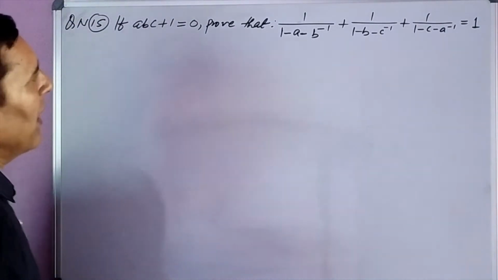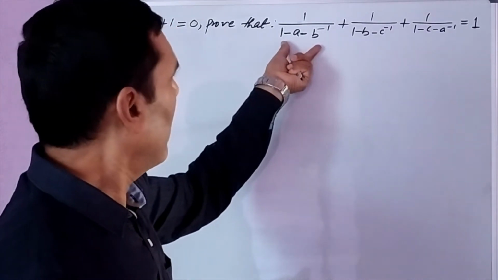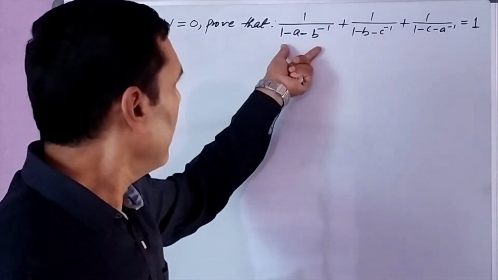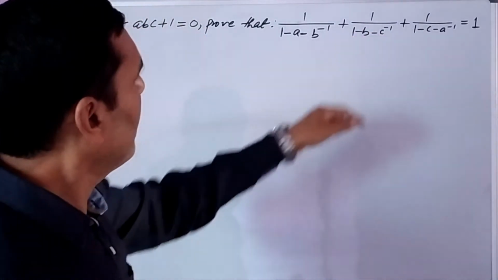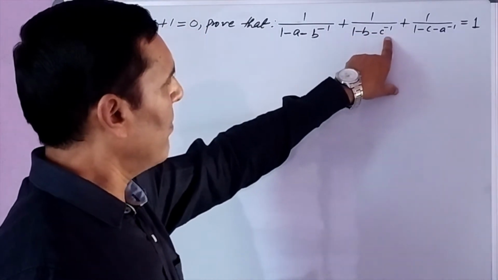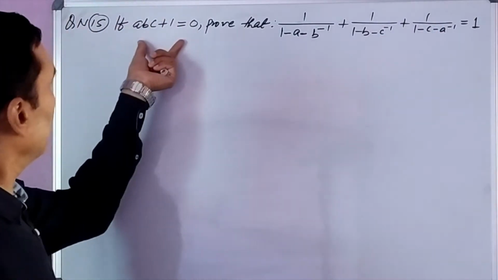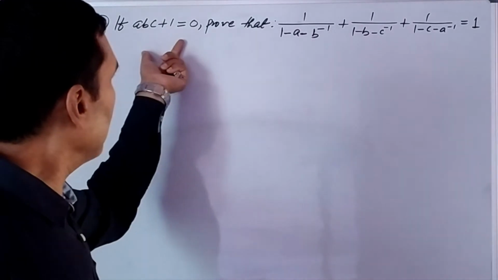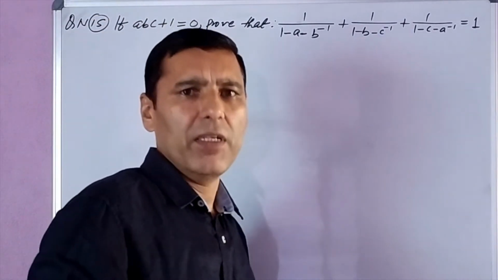With the help of this we can make the same denominator, leaving one denominator as it is, like the first denominator we leave as it is, and in the second and third denominators we just replace c to the power minus 1 and c, the values obtained from the given condition abc plus 1 is equal to 0. After that we will get the same denominator.